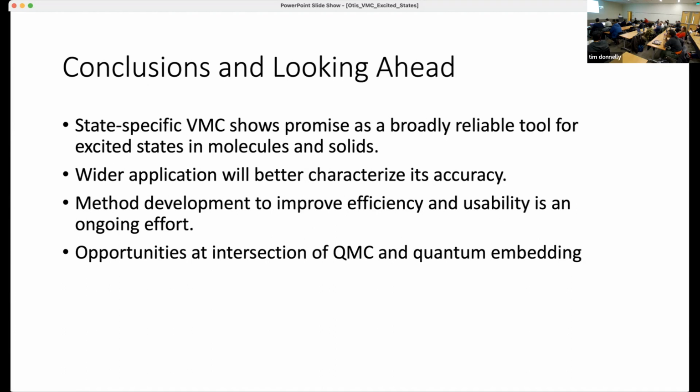And I'll close by mentioning that the recent work I've been doing with defects in solids makes me think there are a lot of opportunities at the confluence of QMC and the many quantum embedding approaches that are proliferating now, like comparisons on defects in terms of benchmarking excitation energies, but I think also methodological opportunities, perhaps with QMC as the high-level approach within various quantum embedding schemes. I think that could open up a lot of interesting applications and studies.